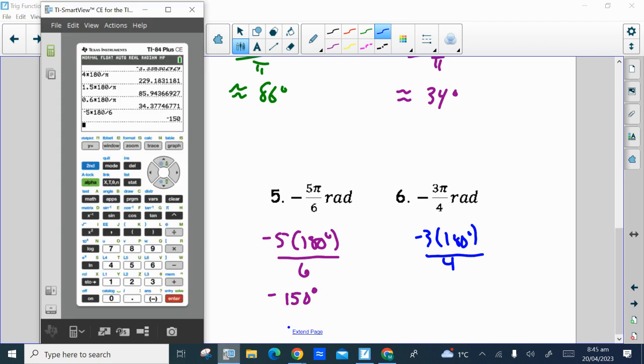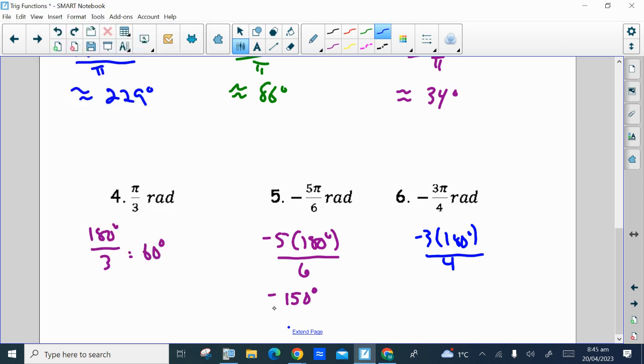So is that 135, I think, or negative 135? Yep. And again, we write it in degrees because that's the unit.